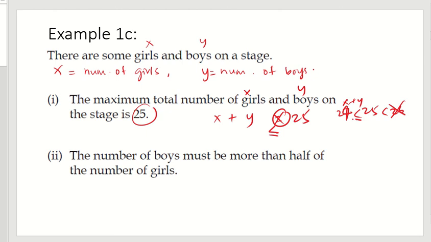So it must be less or equal. Maximum is 25. Electrical, correct or not? Maximum 25, so we have to use this symbol. 24 is what? 24 is x plus y, I change it into numbers, so it is easier for us to see the situations. So x plus y is here smaller or equal. Okay, understand? So another one, second one, the number of boys. The number of boys must be more than half of the number of girls. Number of boys.